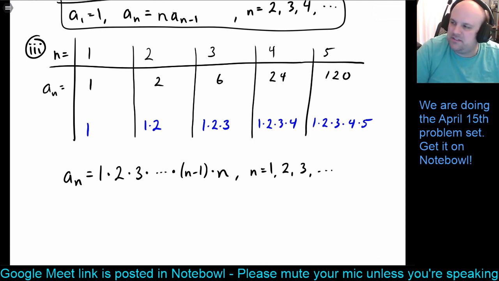Does anyone happen to recognize that kind of expression? Does anyone know what this is called, when you multiply all of the numbers starting at 1 up to a certain point? Does that look familiar by any chance?